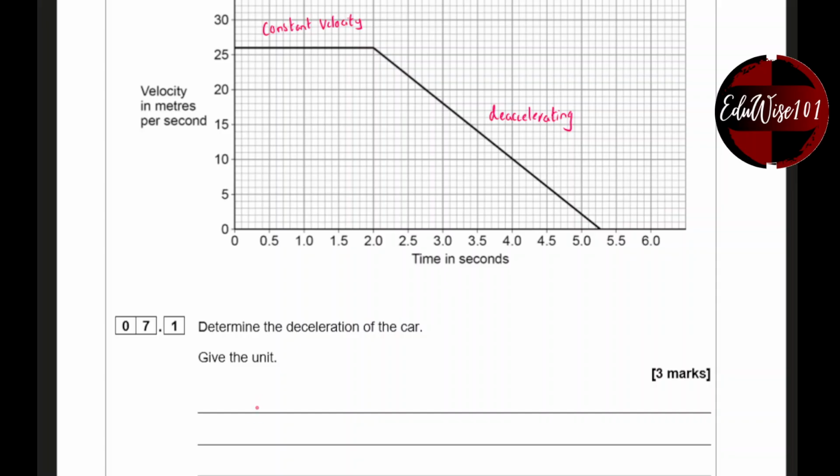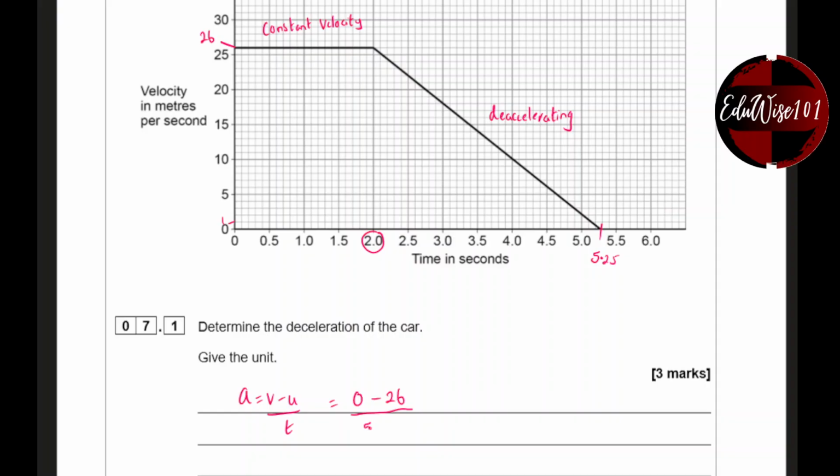So deceleration or acceleration is change in velocity, v minus u, divided by the time. Final velocity is 0. Initial velocity, there's 5 boxes between 0 and 5, so each of these boxes is 1 meter per second. So this would be 26, divided by the time, which is 2 and 5.25.